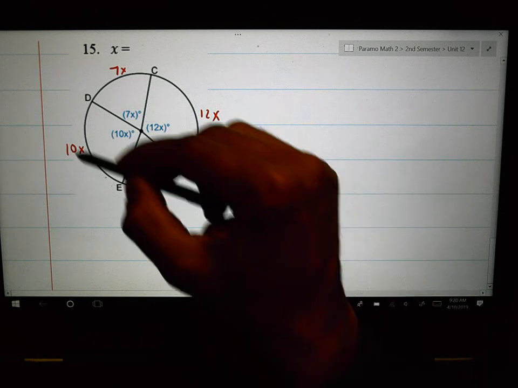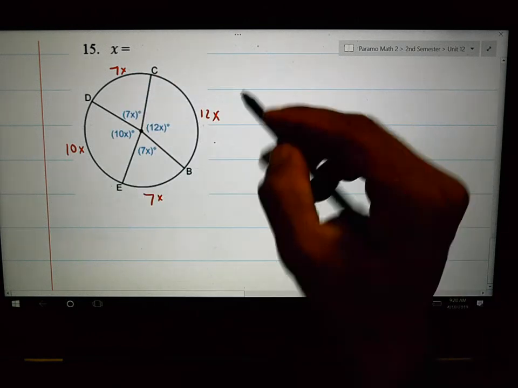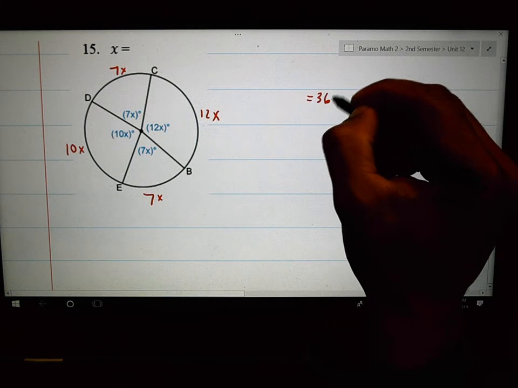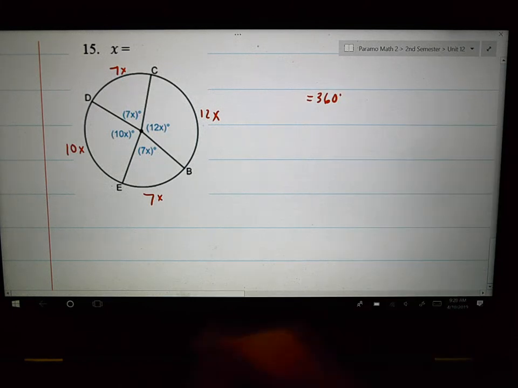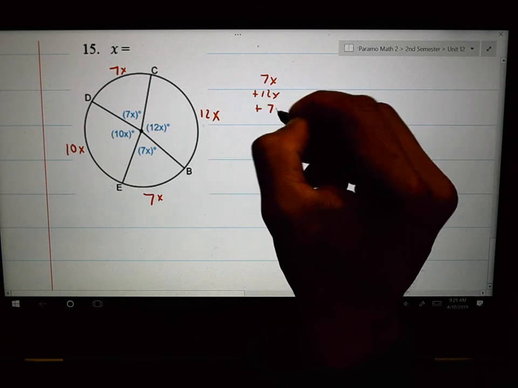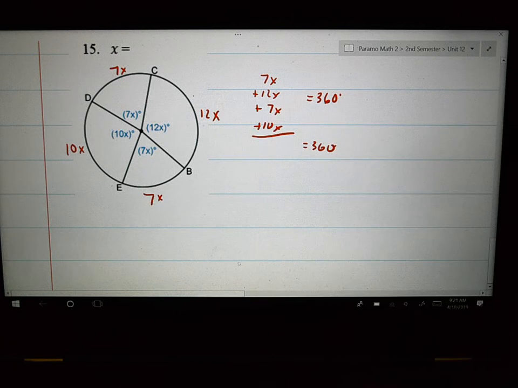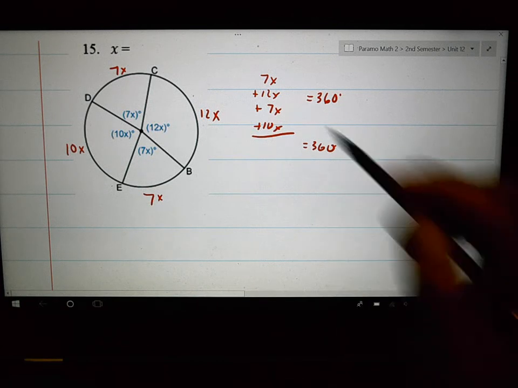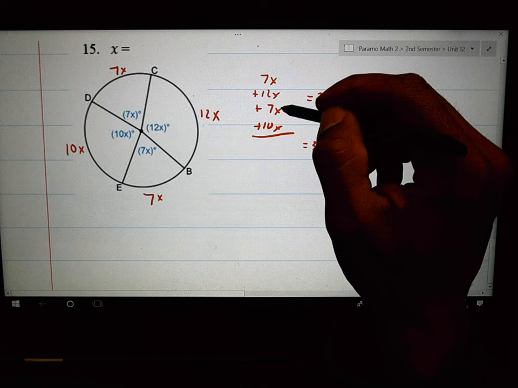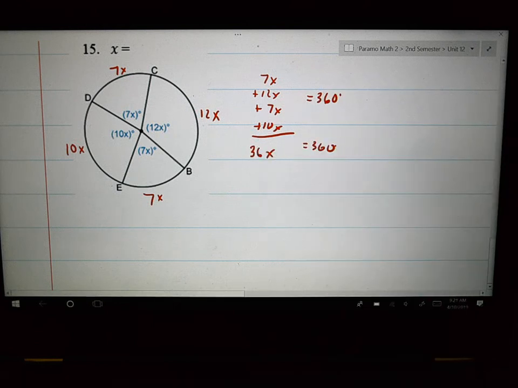You should know that these arcs have a total sum of 360 degrees, just like we learned in the first section. So what does that mean? That means the 7x plus the 12x plus the 7x plus the 10x should equal 360. 36x is what I'm getting. Yeah, that's what I get.